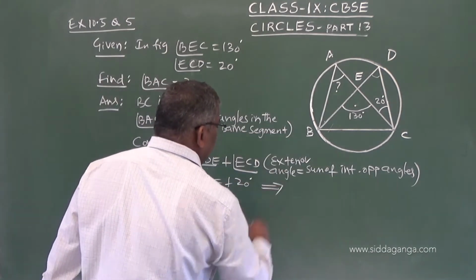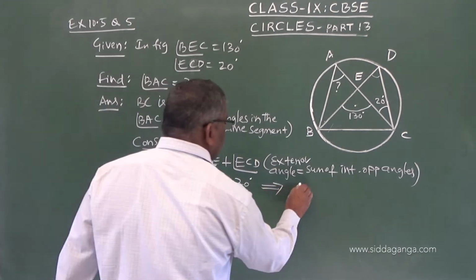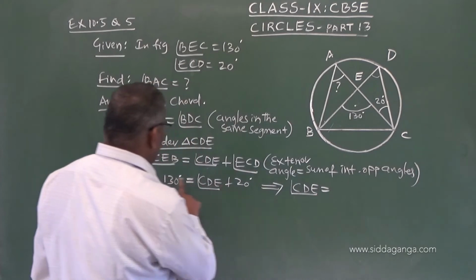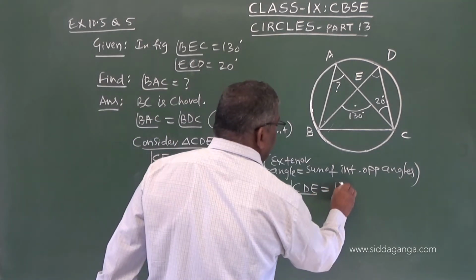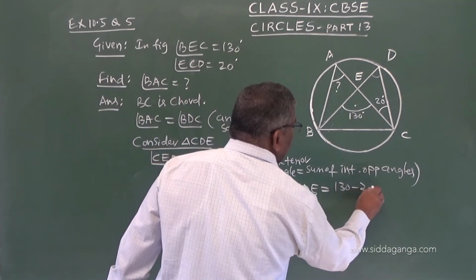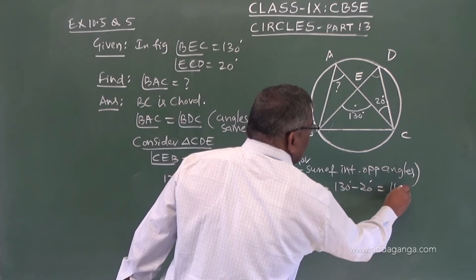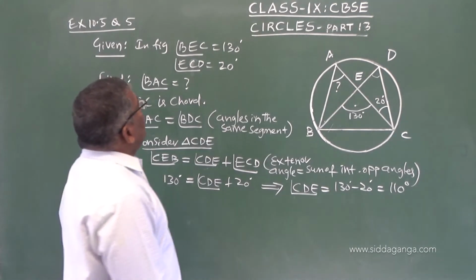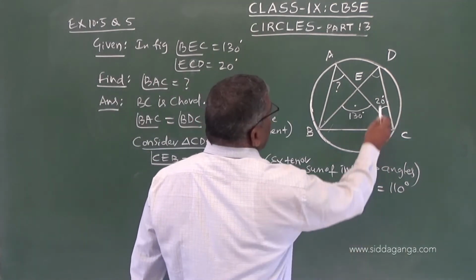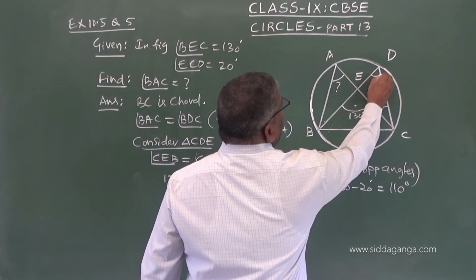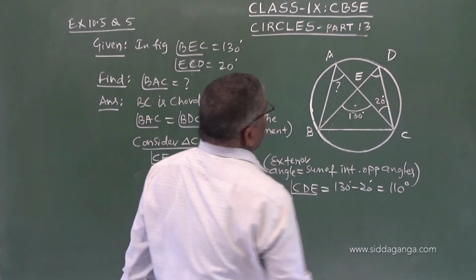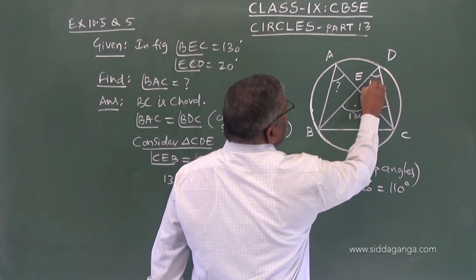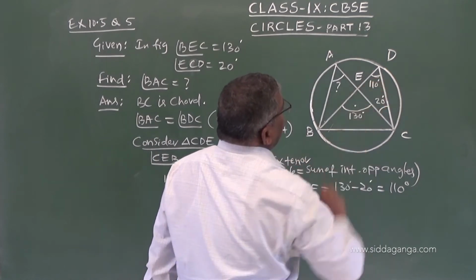So this implies CDE equals 130 minus 20 equals 110 degree. So CDE, this angle is 110 degree.